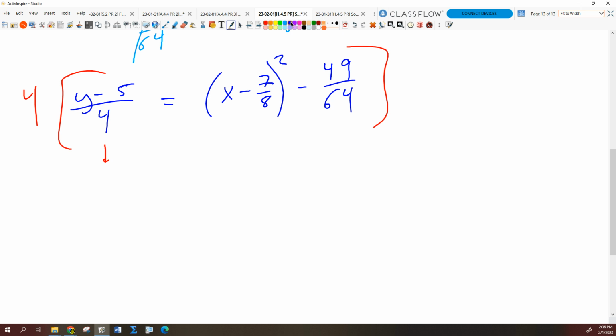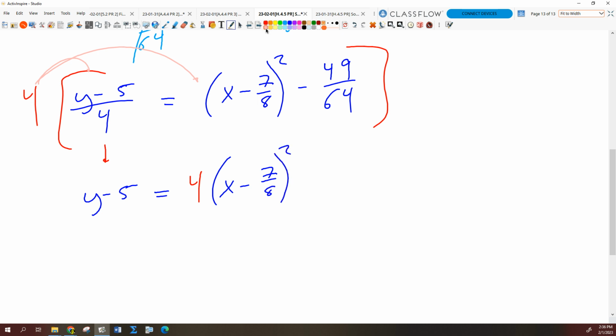So we're going to get y minus 5 equals, here I'm going to get a 4 in front of my perfect square, right? That's going to look like an a, so I'm going to get 4 times x minus 7/8 squared.